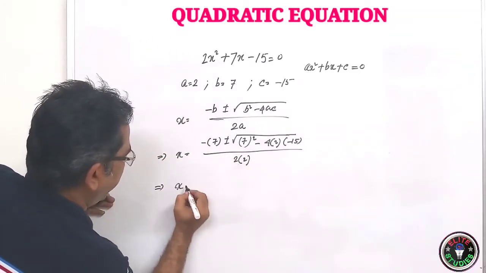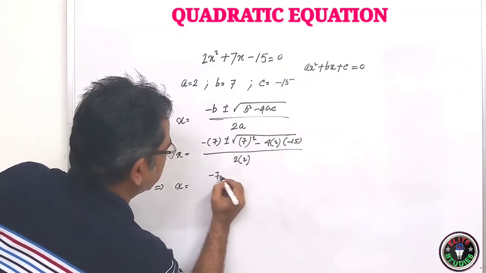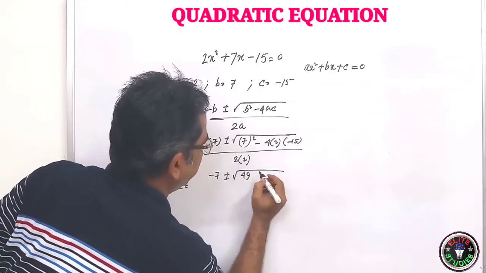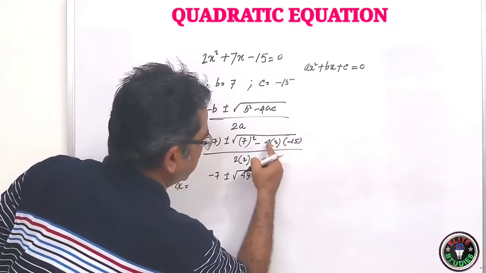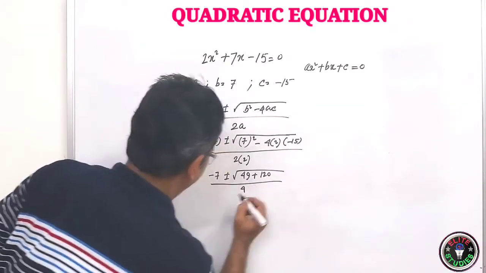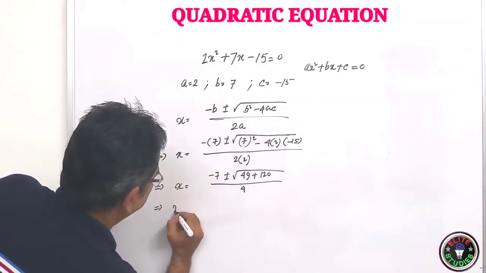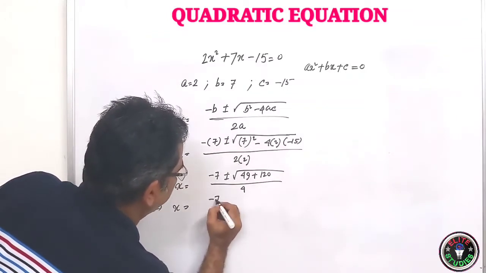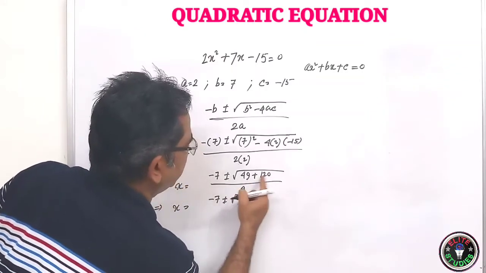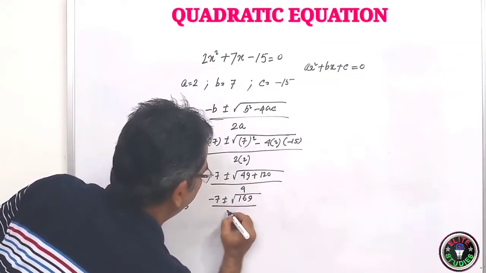So x is equal to minus 7 plus minus root over of 7 square is 49, minus minus is plus, 4 into 2 into 15 is 120, divided by 4. So x is equal to minus 7 plus minus root over of 169 by 4.